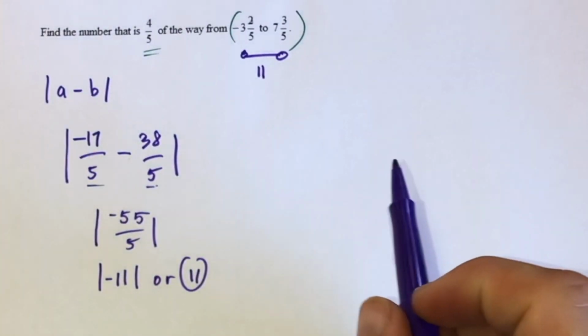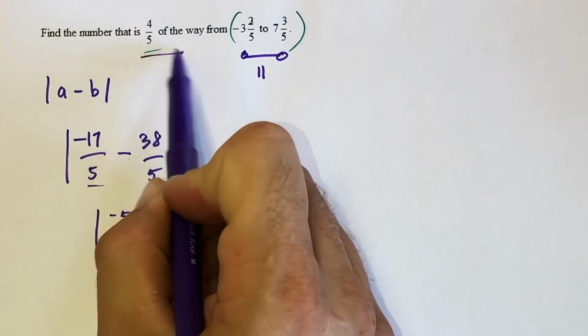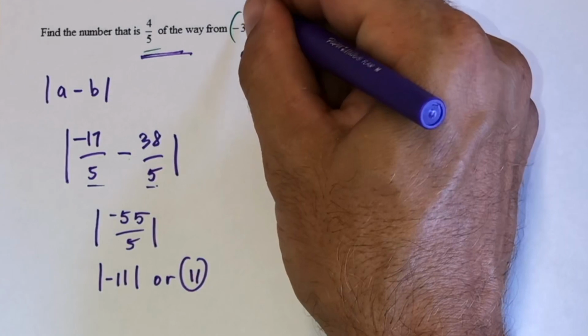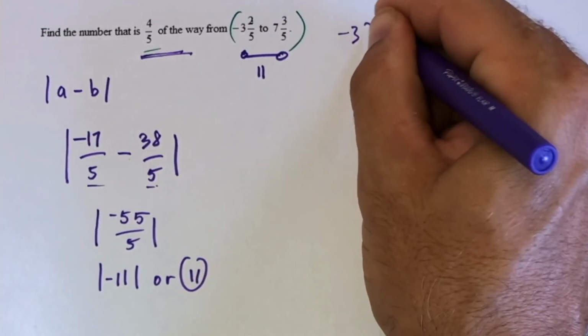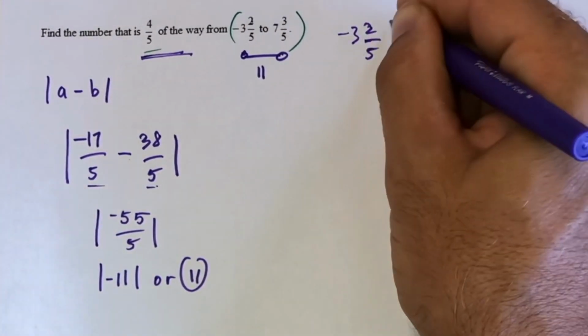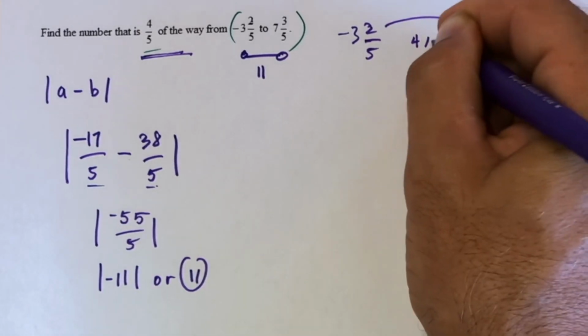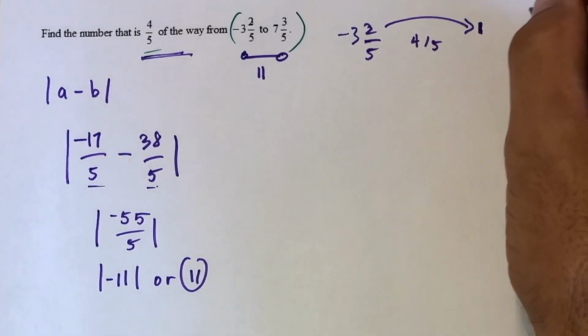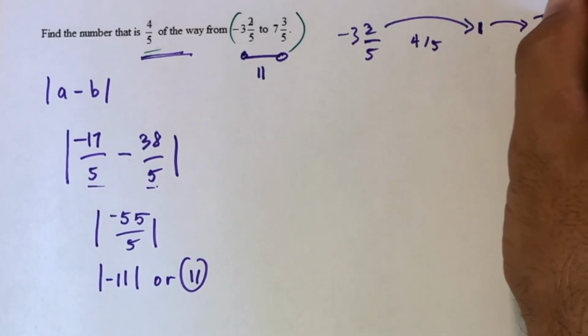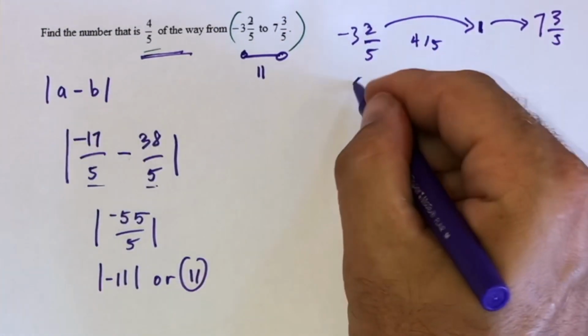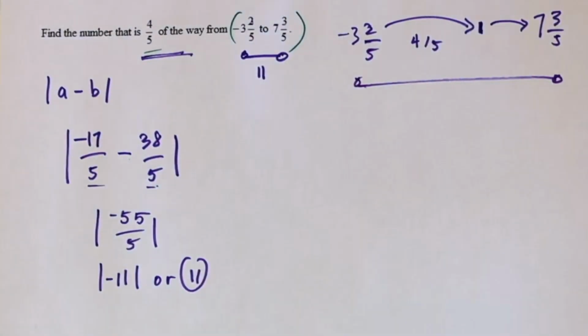Now, if I want to go 4/5 of the way, basically I want to start at this negative 3 2/5 point, and I want to go 4/5 of the way to another coordinate before I get to 7 3/5. If this were all a number line here.